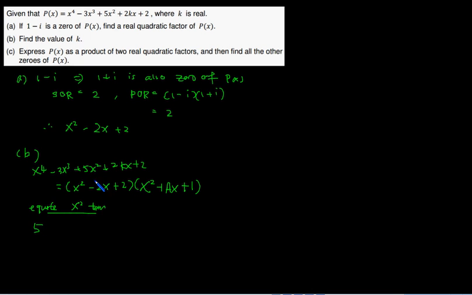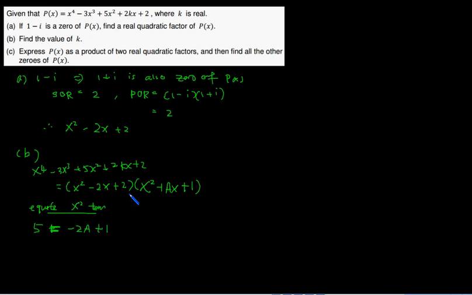From these two factors we check carefully. With the -2x, to get an x squared term I have to multiply by ax, so I get -2a. And for the 2, I can get another x squared term by multiplying by x squared and 1, so that will be +1.